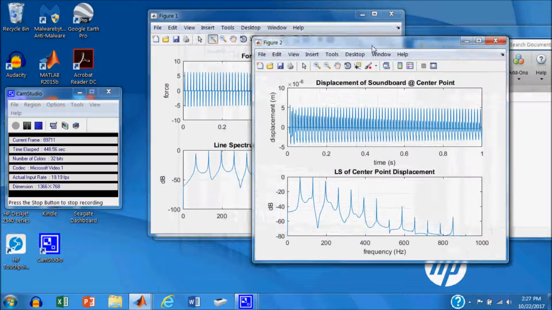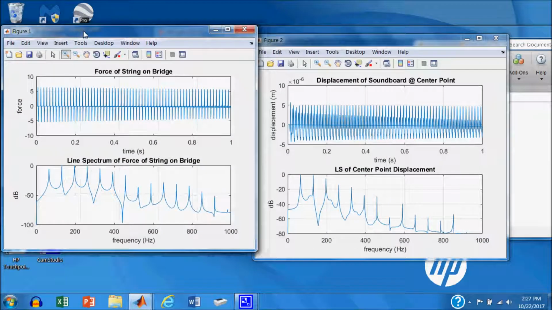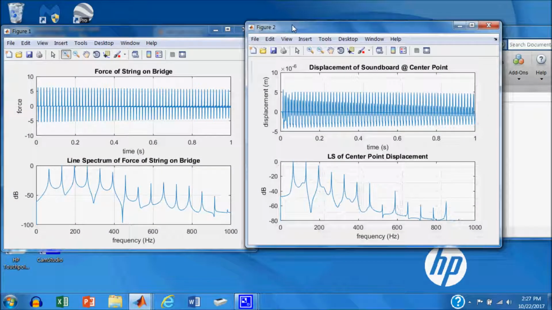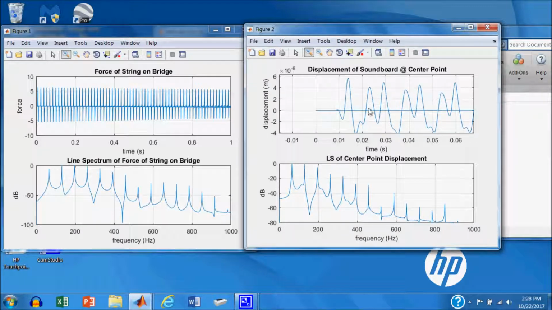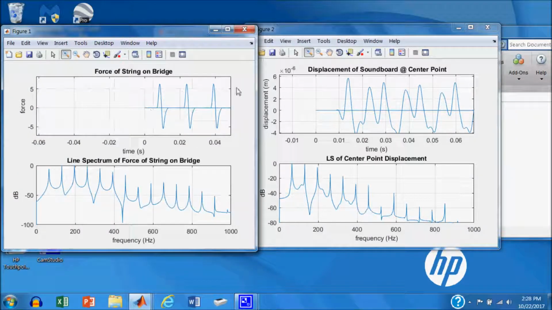Here's the same thing for that displacement point in the center of the board. We're looking at the displacement at one point, and you can see it's a different looking wave as compared to over here. And that's because the soundboard has its resonant frequencies, and so it's going to be stimulated by this wave, but it's going to have its own fingerprint because it has its own resonant frequencies.